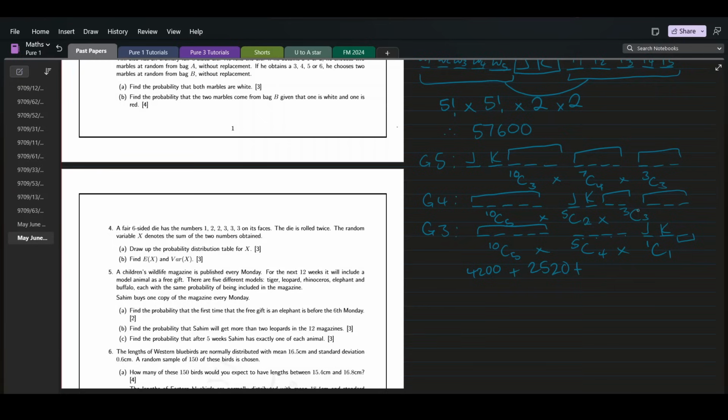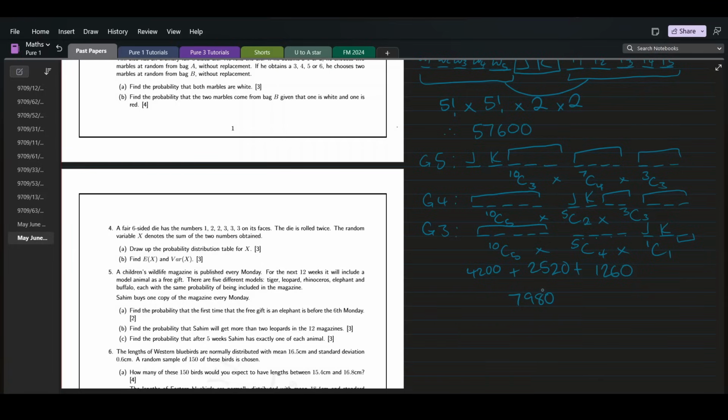So if we evaluate that, that's 10 choose 5 times 5 choose 4 times 1 choose 1, and this gives us 1,260. Let's add all those up. 4,200 plus 2,520 plus 1,260, and this gives us 7,980.